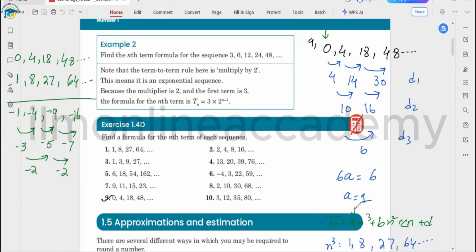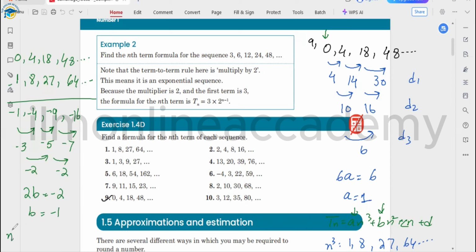Now, after finding out a, we need to move towards finding b. For finding b, as we have the last term as negative 2, we put 2b equals negative 2, the last term of the sequence. So b will be equal to negative 1.